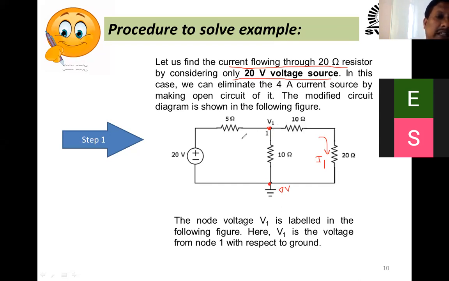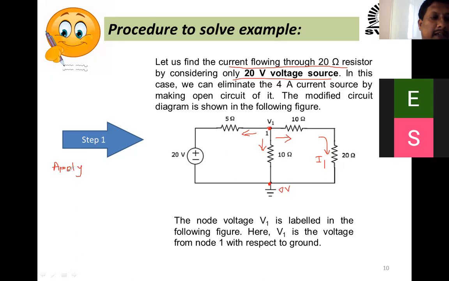Third step is what? If any current is given, you can take it as it is along with direction. If not given, you can mark outgoing. So this is outgoing, this is outgoing, and this is outgoing. So V1 is greater than 20, you have to assume. Apply KCL. In nodal, what we are going to use?